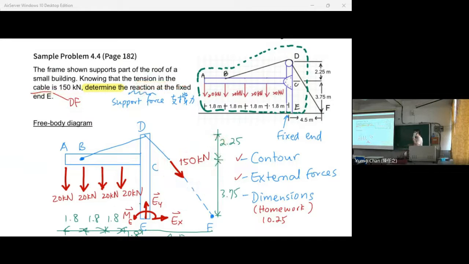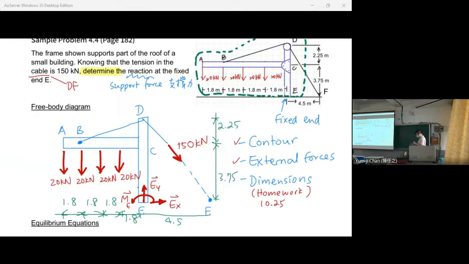Is that okay? So this is the free body diagram. Remember, in the free body diagram, we need three things. The first is the contour, the second is the external forces, all external forces, and the third is dimensions. Do we need to draw these forces? No, because these are internal forces.